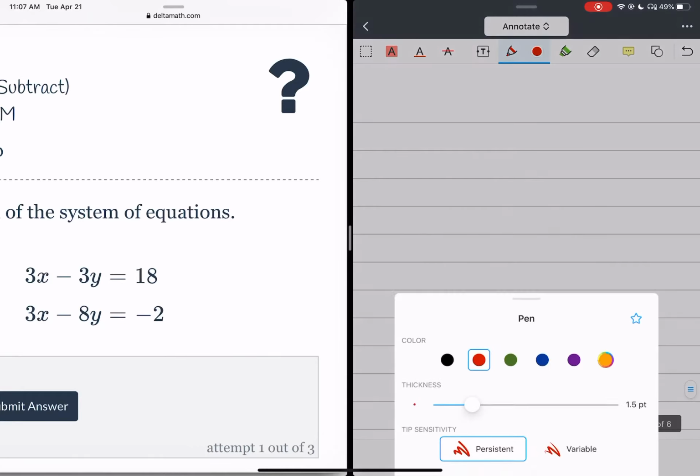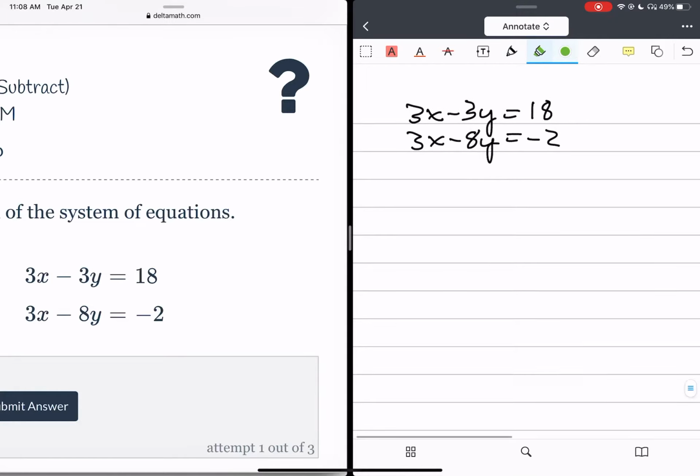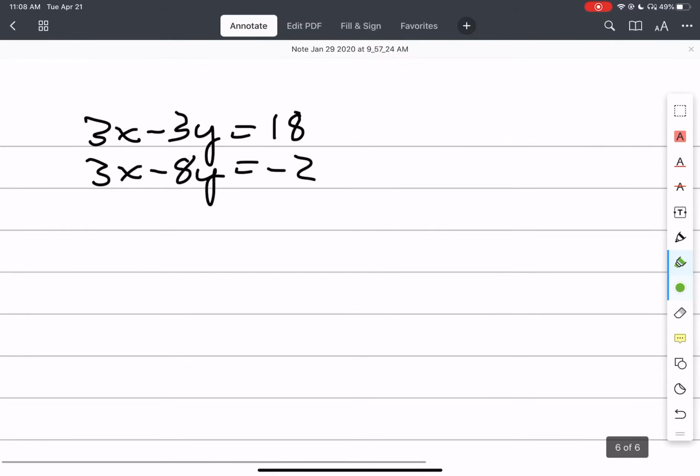So my two equations are 3x minus 3y equals 18, and 3x minus 8y equals negative 2. In a situation like this, if you see two values that are exactly the same, you know those are what's going to eliminate.